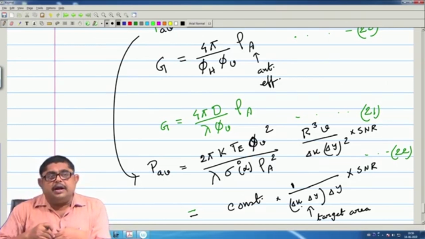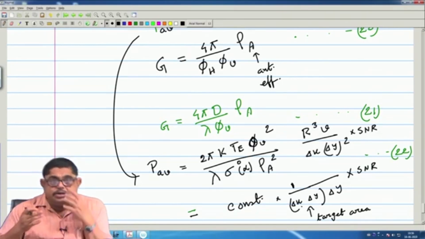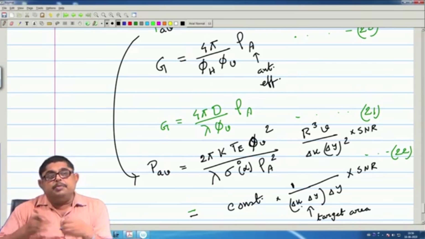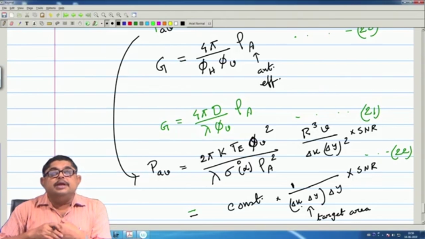ISRO and NASA have a joint SAR project trying to predict whether any earthquake is possible in any place on earth. So, for that, millimeter type of resolution may be required, and that SAR system is being developed also.